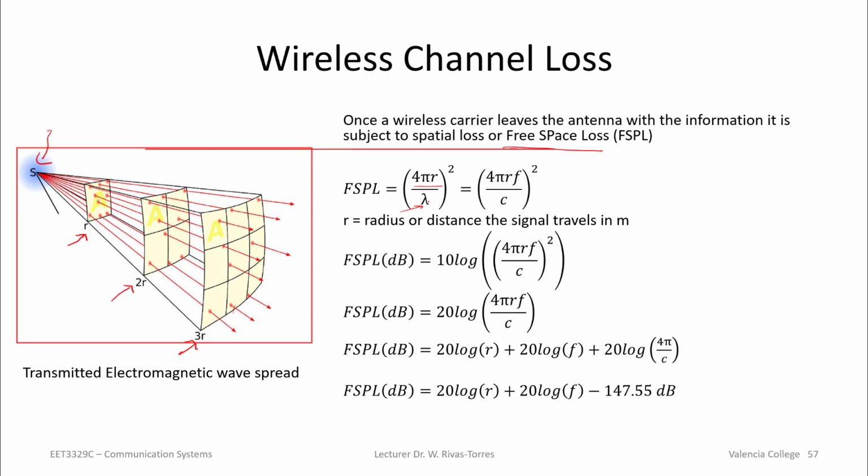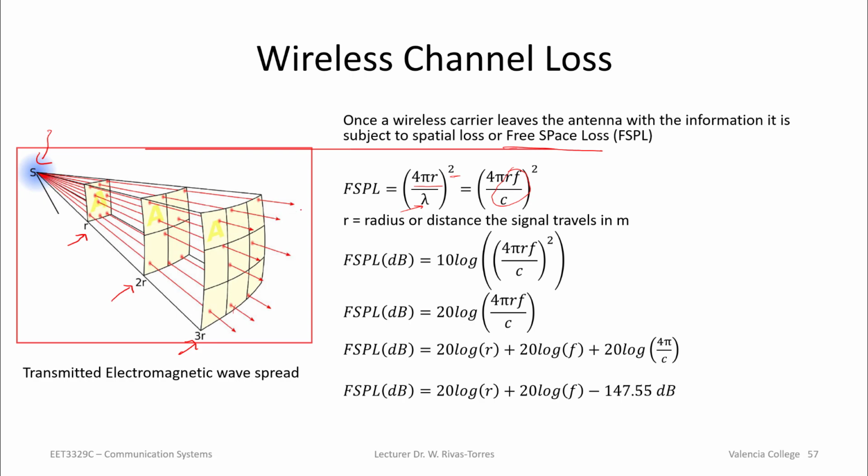Because we know that lambda depends on frequency and the speed of light, you can also see its effect in here. And the square term is because every time you increase the radius or the distance, the area grows by the square of the distance.